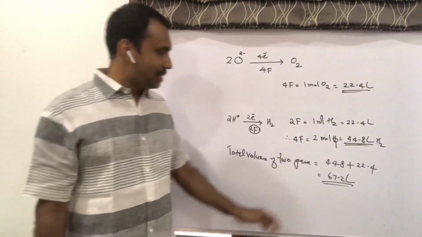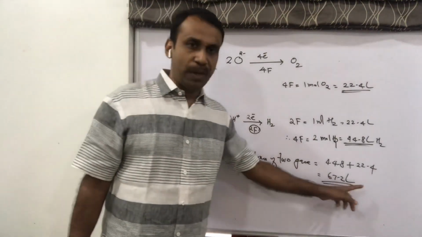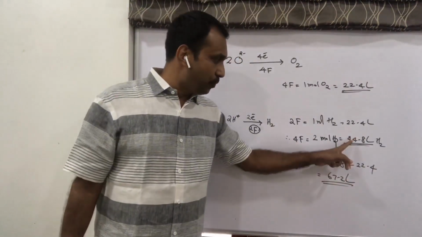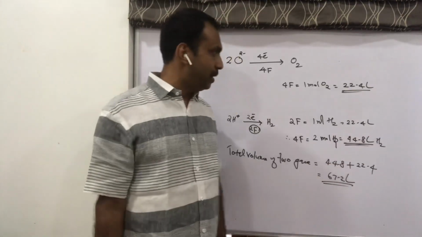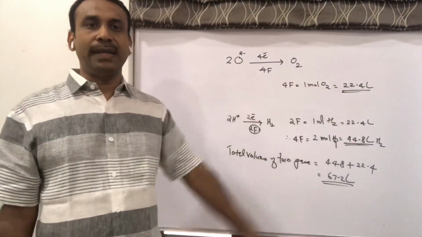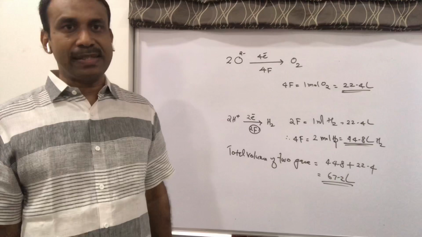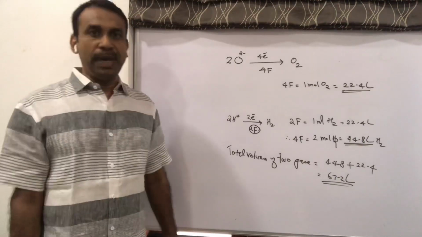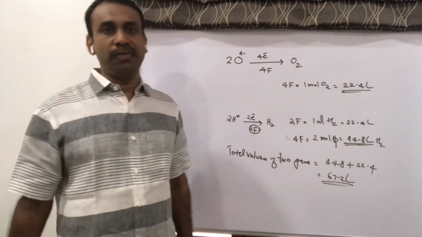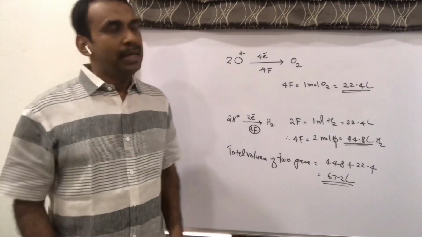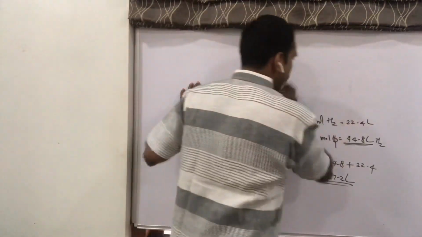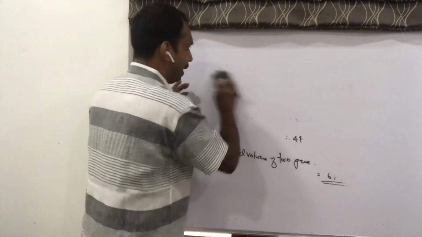Total volume of 2 gases collected is 67.2 liter. You see, 44.8 liter hydrogen and 22.4 liter oxygen. Now here is the method of solving problems based on quantitative aspects of electrolysis. Clear? Now we can pass to the next topic in connection with electrolysis.